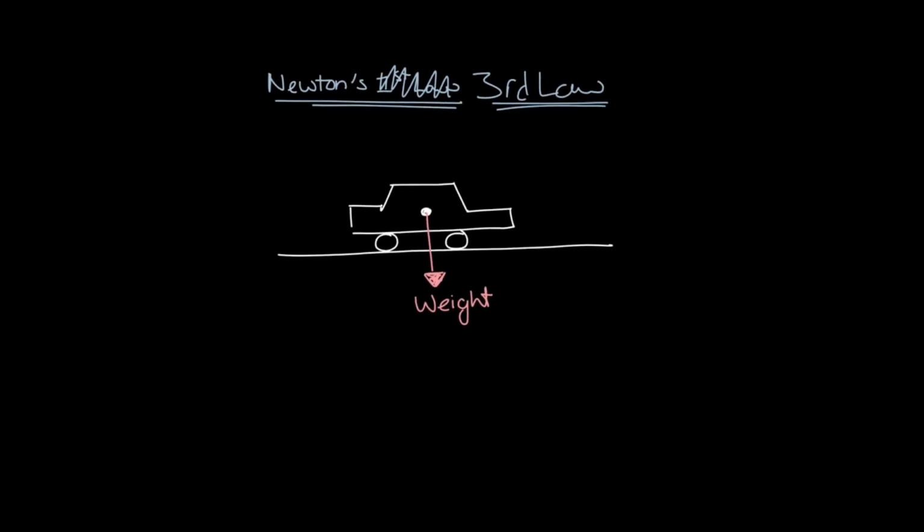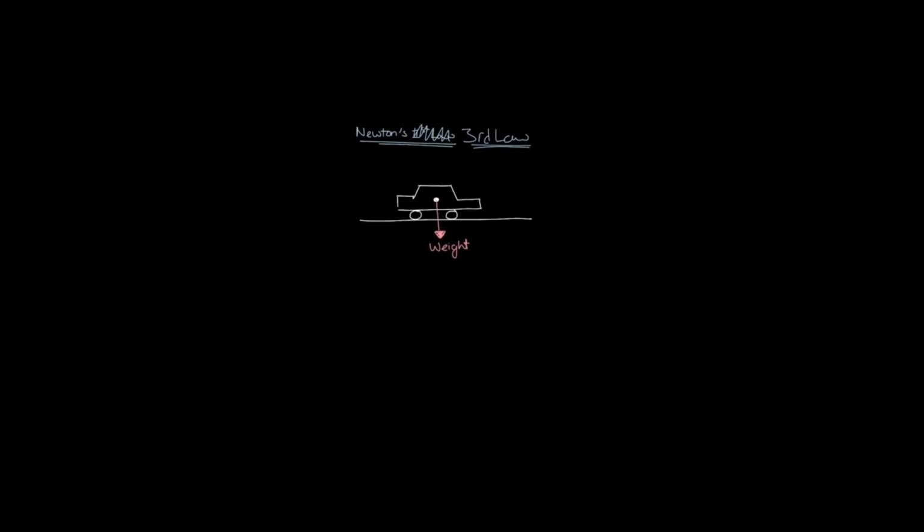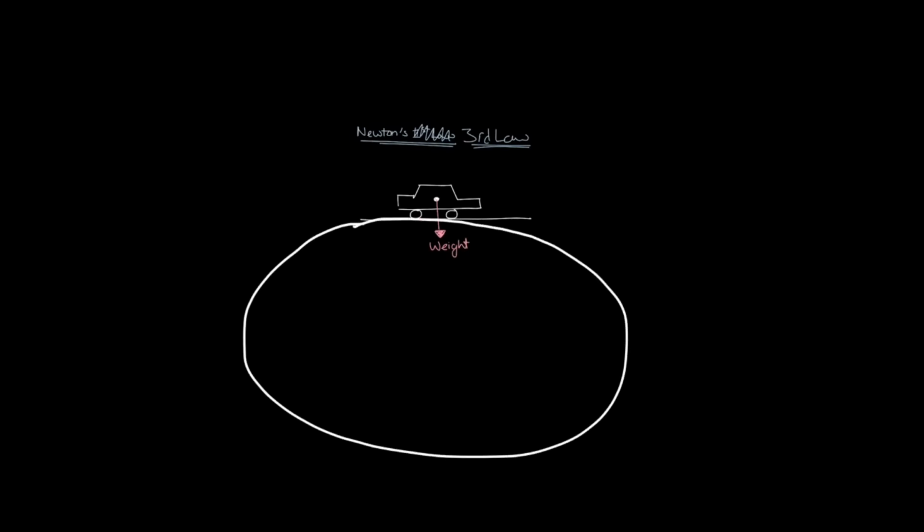So if we zoom out a bit, and we imagine that the car is on the earth, and we draw the centre of mass of the earth, there is going to be a force of weight acting upwards on the earth exerted by the car. Now this, to start with, can seem quite counterintuitive, but essentially what we're saying is that for force to be exerted on an object, it has to be exerted by another object.